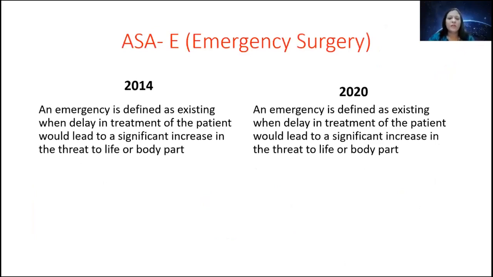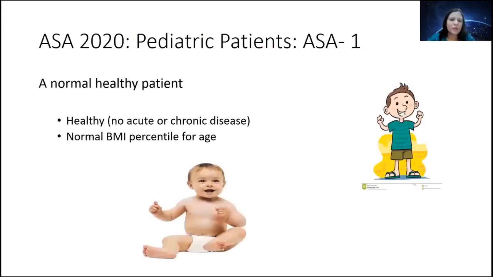Both the categories have emergency surgeries, which were excluded in earlier guidelines, and have now been included in both 2014 and 2020 as emergency grading E. To any category where there is an emergency, E is added, which says that if there is delay in treatment of the patient, it would lead to a significant increase in threat to life or body part, which explains that the urgency of the surgery is also a factor in the categorization of the patient undergoing surgery.